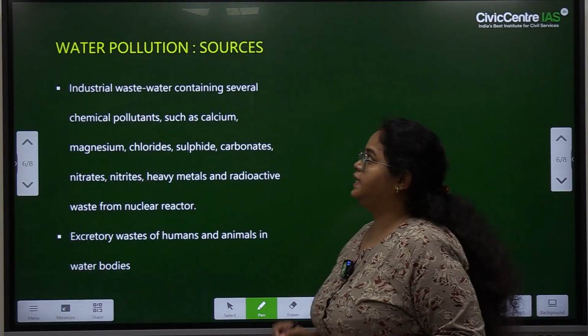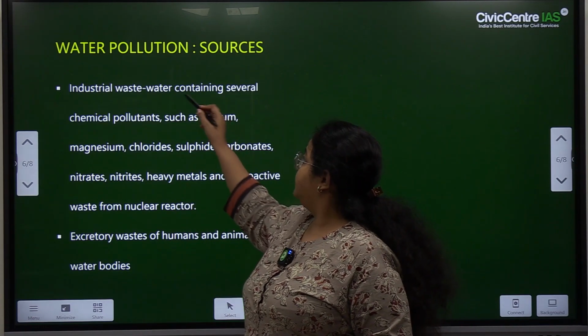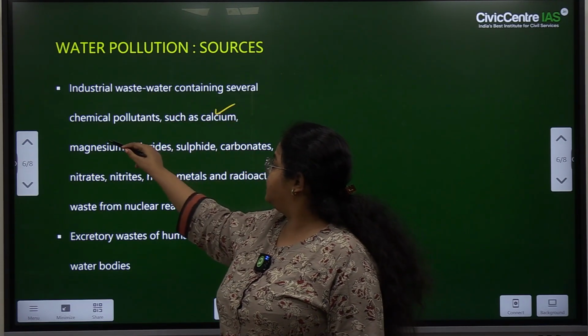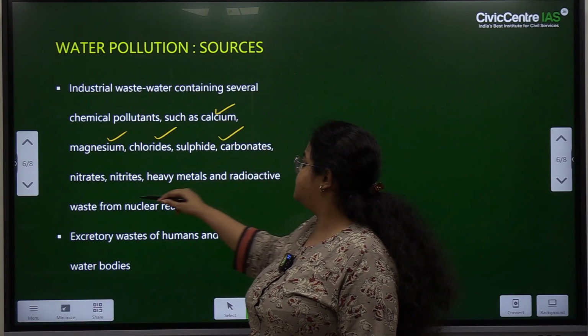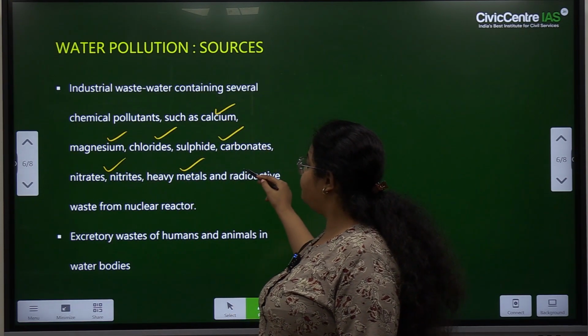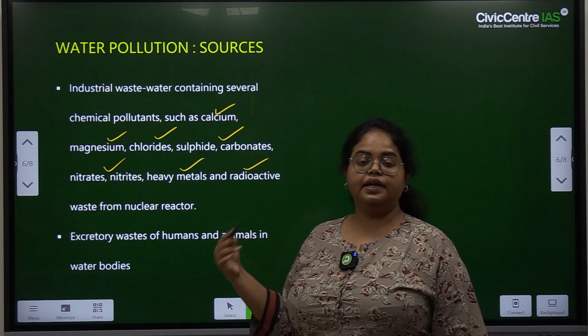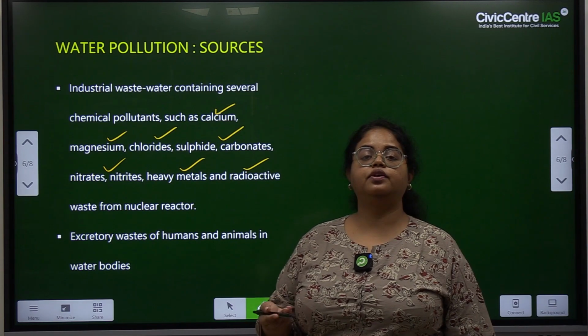Moving on, let's see how industrial wastewater containing several pollutants like calcium, magnesium, chlorides, sulfides, carbonates, nitrates, heavy metals and radioactive material from nuclear reactors pollutes the water.